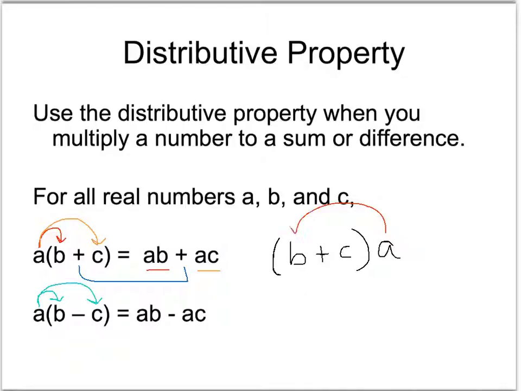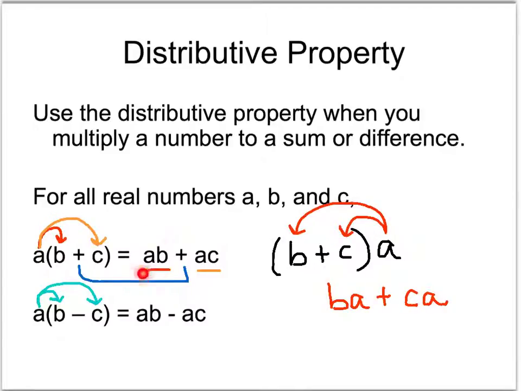It'll be B times A, and you'll distribute to the C and get C times A, and you'll add them together. But if you remember, multiplication is commutative, and therefore A times B is going to be the same thing as B times A, just like 3 times 5 is the same thing as 5 times 3.